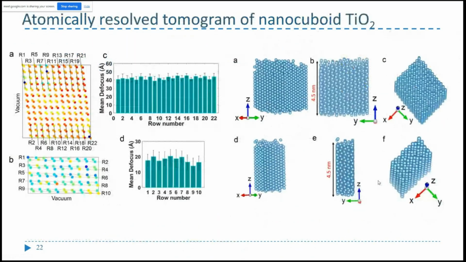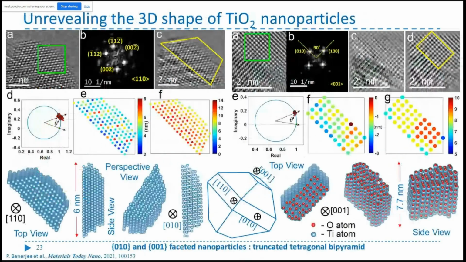Okay, so this is the tomogram of this, and we did it for another two structures, the 110 direction also for this type of TiO2 nanoparticle, and 001 and 010. These are the two sets of data.